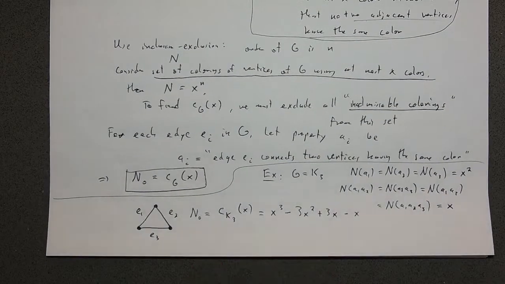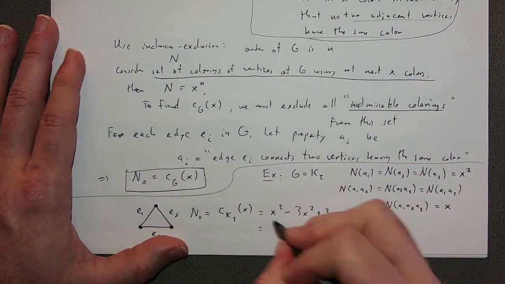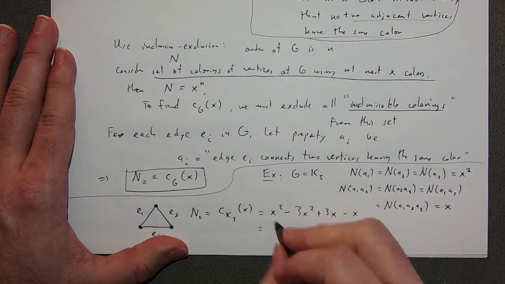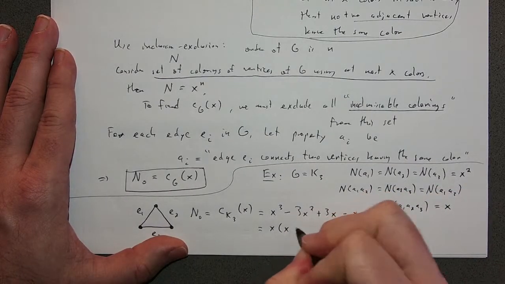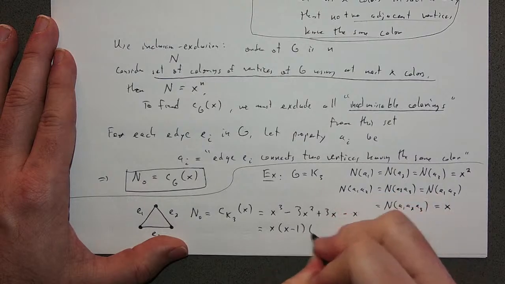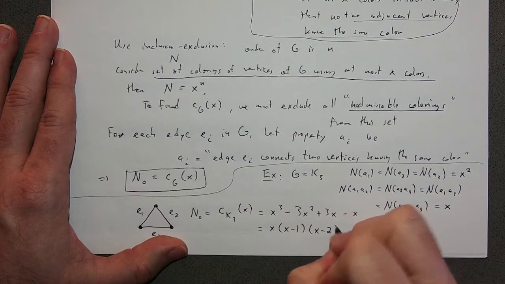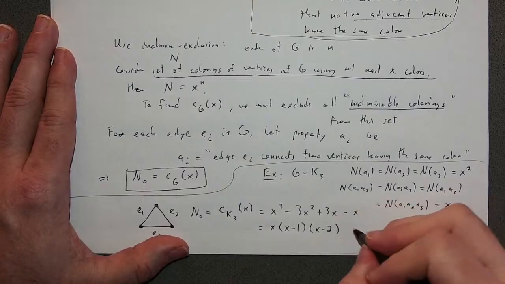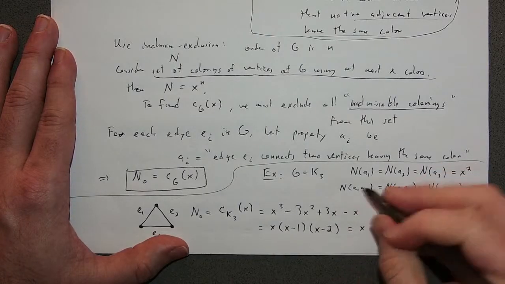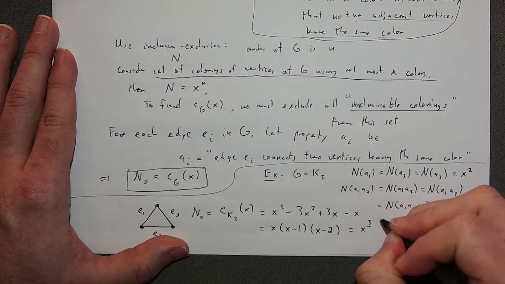And so, actually, rewriting this, factoring, this is x times x minus 1 times x minus 2, which could be also realized as x to the 3 falling.